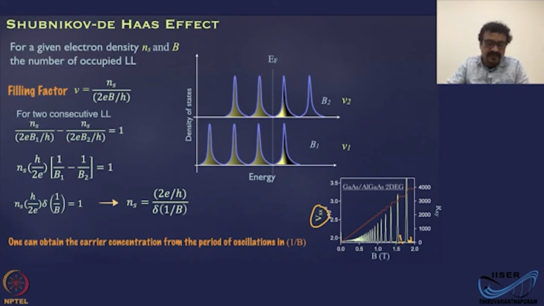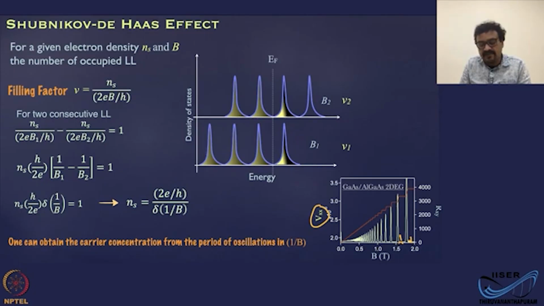From that, you can rearrange the terms and get a condition for the carrier concentration N. N is something which is constant, which we are not varying. We will get 2e by h divided by delta of 1 by B. So by looking at the dips in this oscillation, you can calculate the carrier concentration directly using this formula.